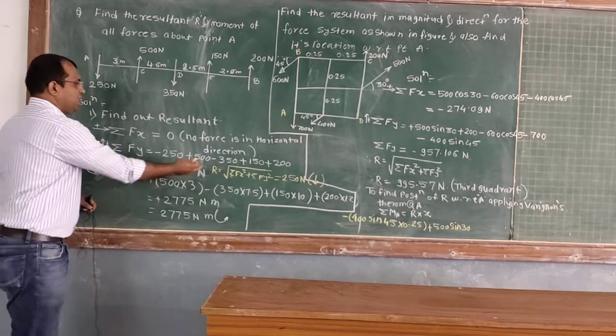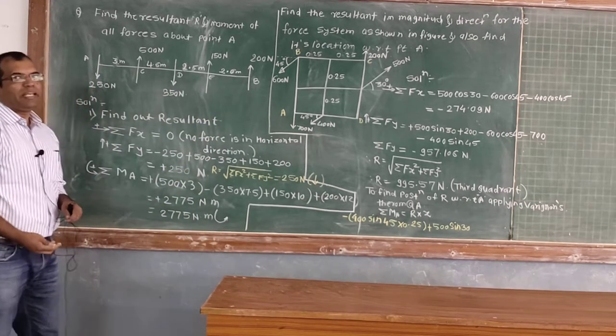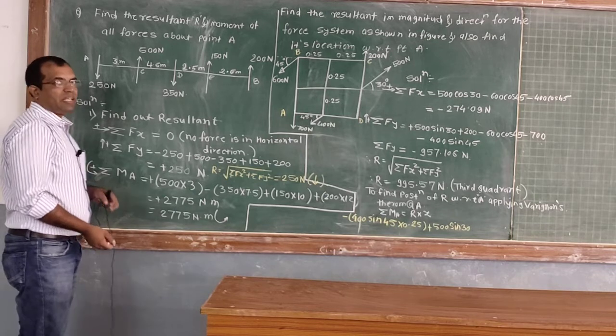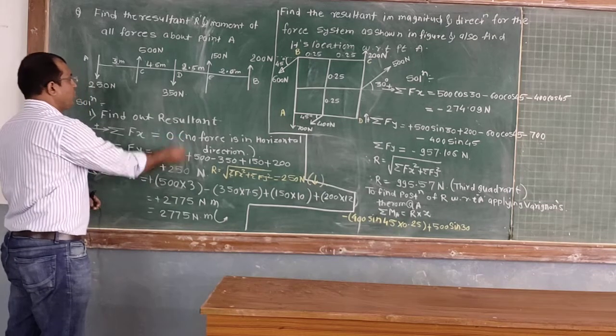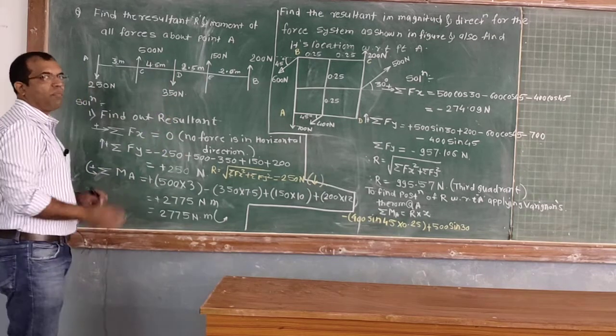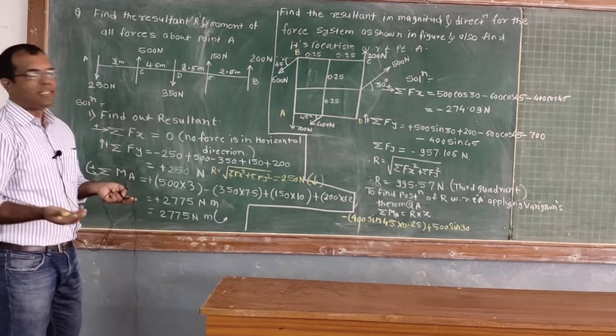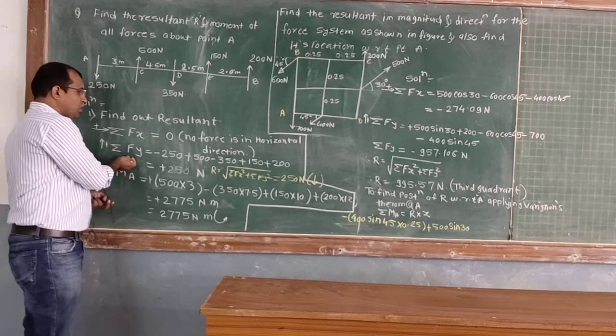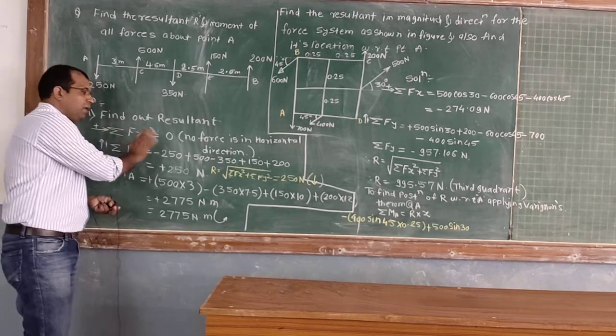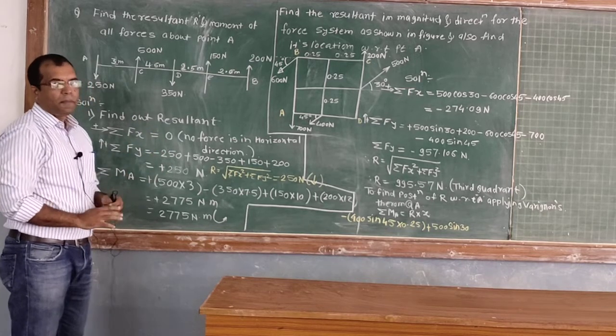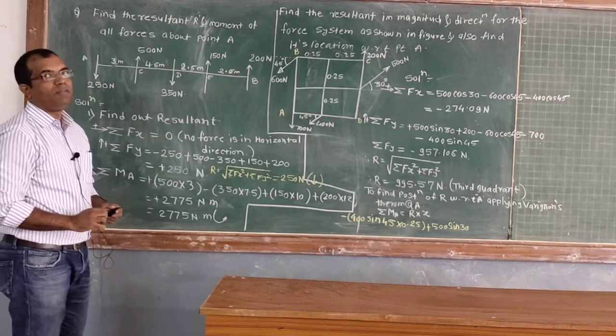Without writing this formula also, you can easily say that the resultant is 250 Newton vertically downward, because there is no force in the x direction. So whatever the value of summation F of y is in this problem, that is the value of R. Getting that? But it is not always so.